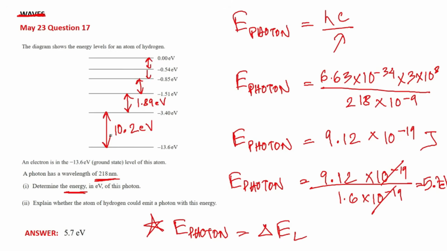So no energy level difference corresponds to 5.7, right? So this hydrogen cannot emit a photon with this energy. It can emit a photon with maybe 10.2, maybe 1.89, but not 5.7, because 5.7 does not correspond to any of the differences in energy levels.